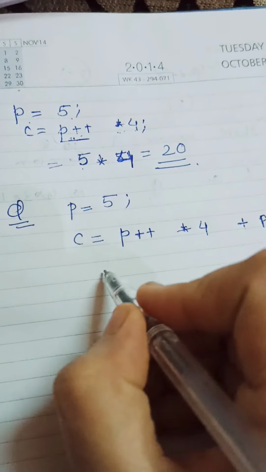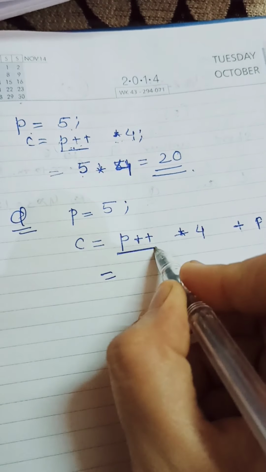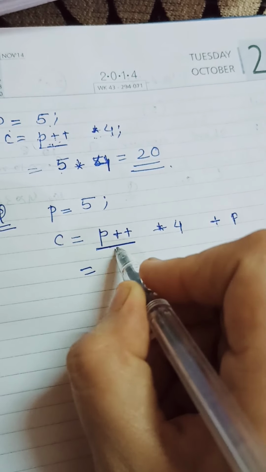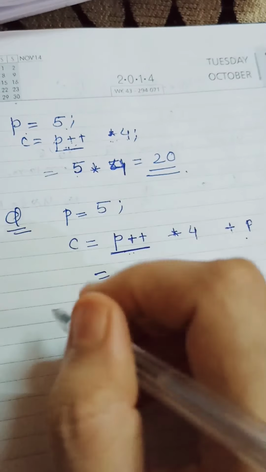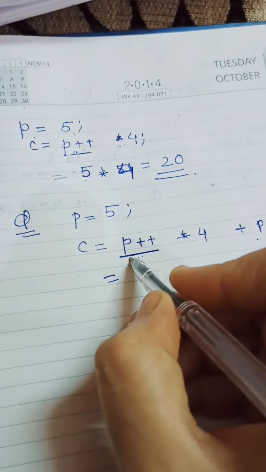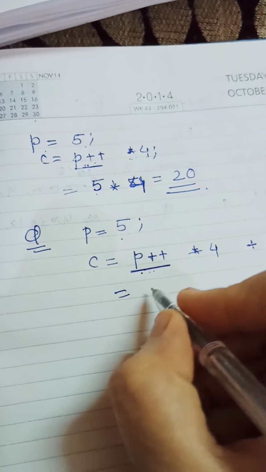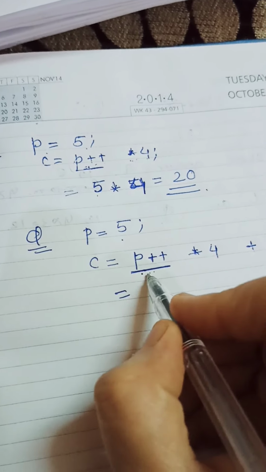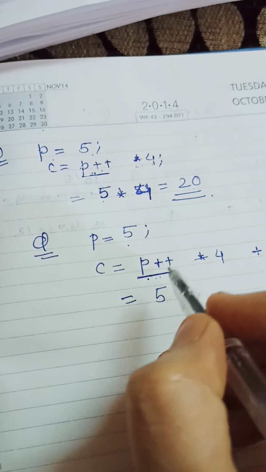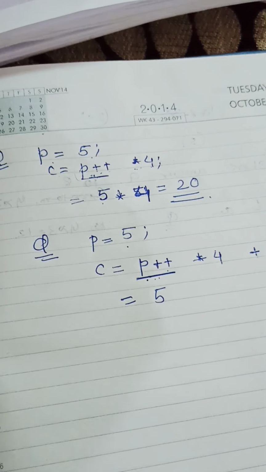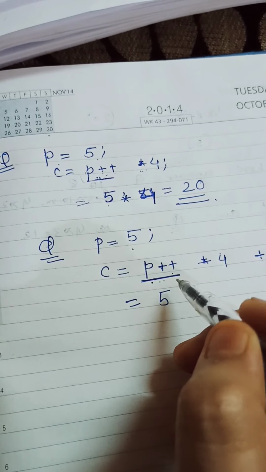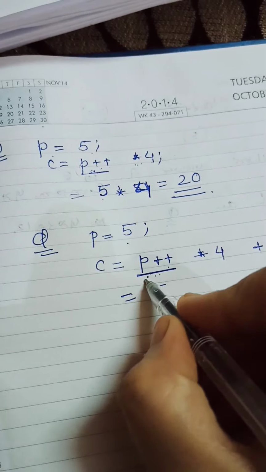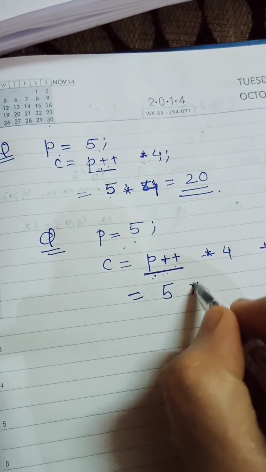Again, this is a postfix, and it is telling me I will not get incremented now; I will increment when I come the second time. So the value of p will remain 5 only. Yes, p++ is written here, but we will not increment it, because it will increment later, at the second time when it comes into the expression. So the value of p will be 5 only, multiplied by 4.